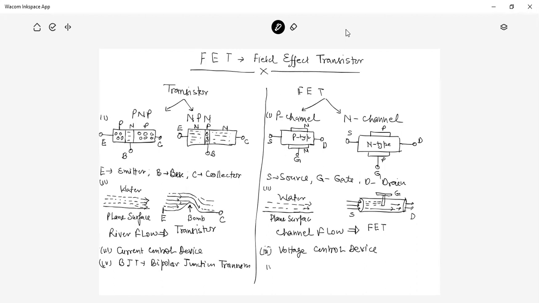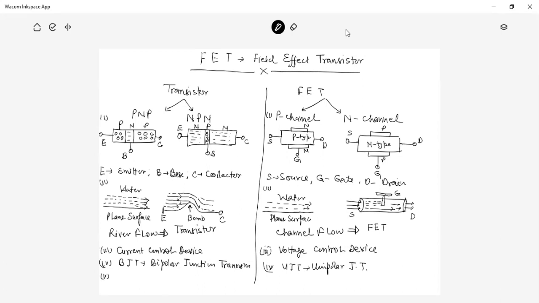And here it is known as UJT, unipolar junction transistor.